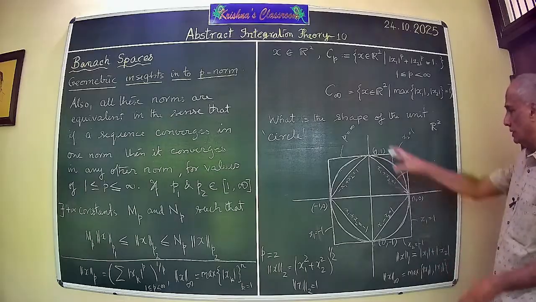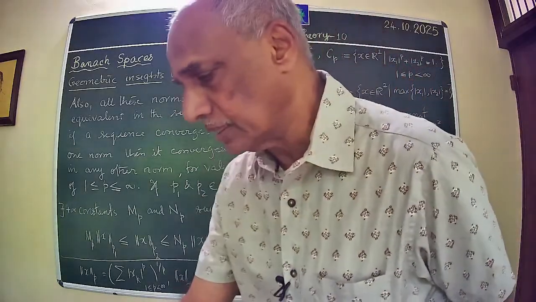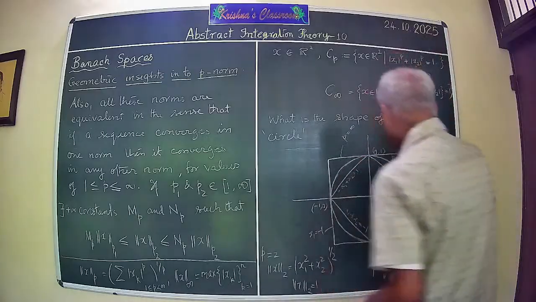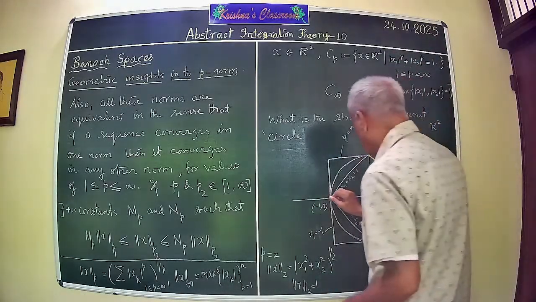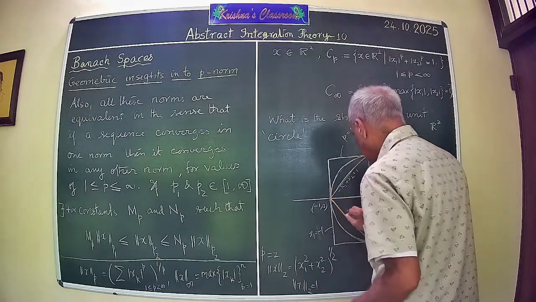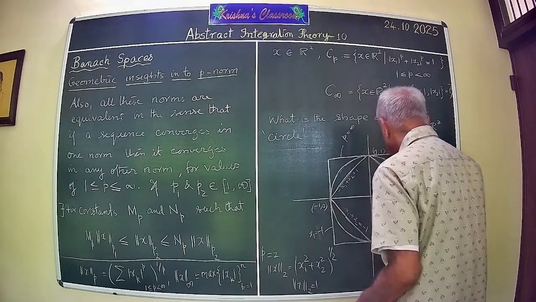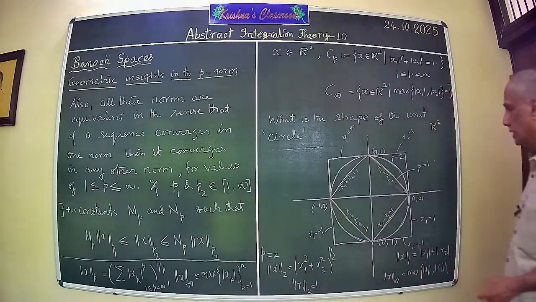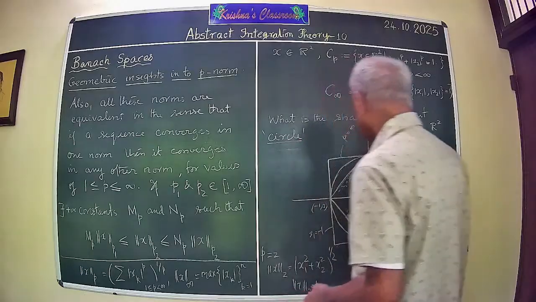These are the 4 lines that, okay. So I will just mark them with a different color. So this is going to be the one for the value p equal to 1. This is the unit circle in that case. And now I have used the word circle in inverted commas.